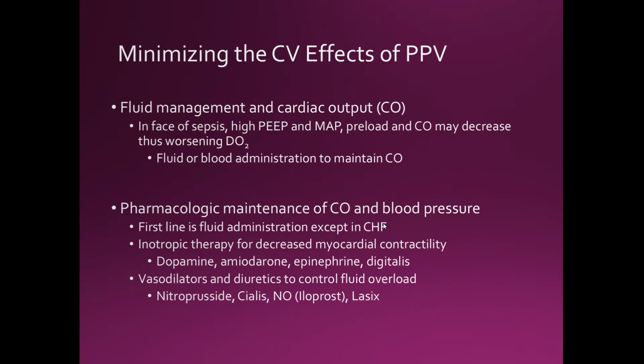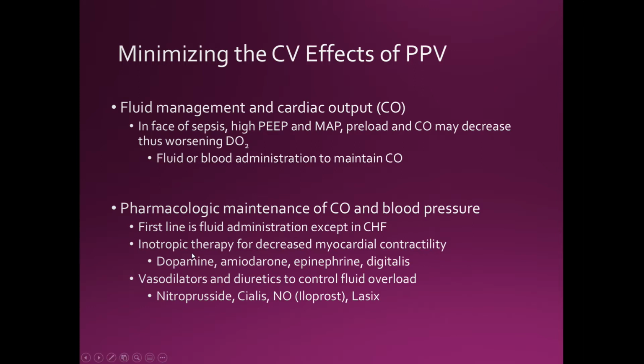So if we have a lot of fluid backed up, we don't want to give more fluid. Okay? Or if the fluid we want to give, it would be a hypertonic solution. It's going to pull fluid out of the cellular area and the tissues, and it's going to put it into circulation, where it's going to go and get filtered into the kidneys, and then it will be filtered out through your urinary system.